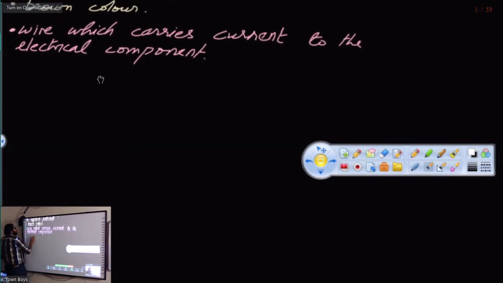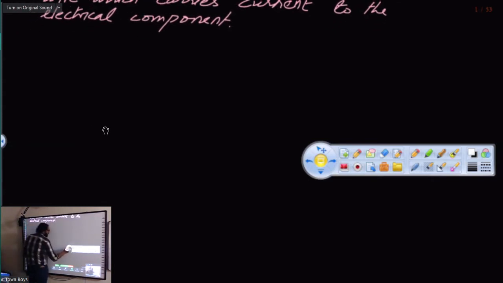Then we have another part over here, the neutral wire.